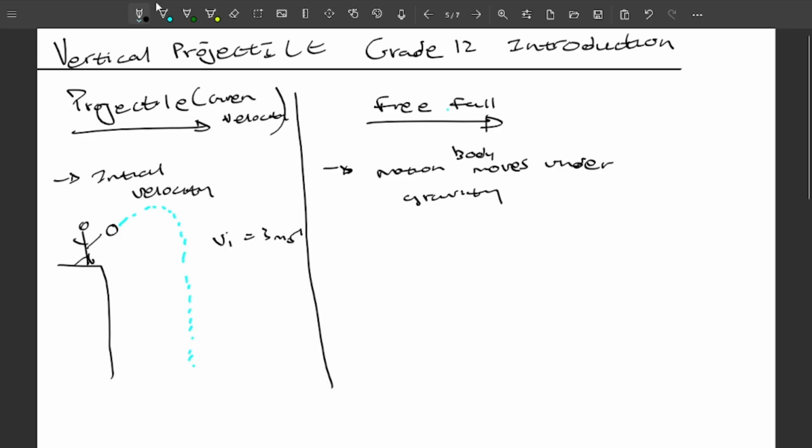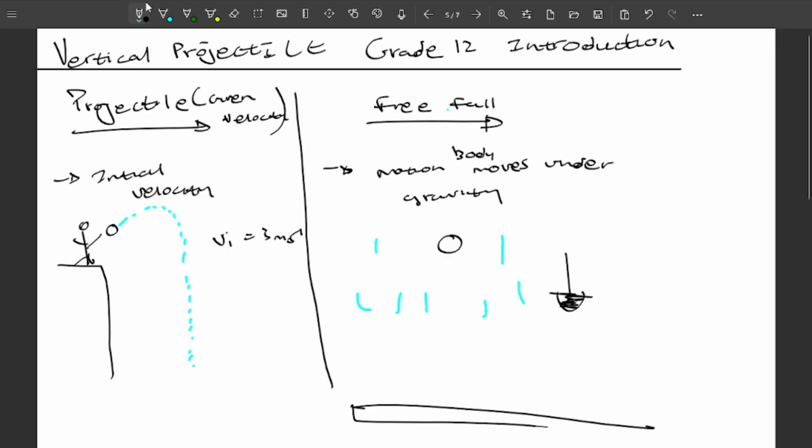Now in free fall, we have a ball that is falling down to the ground. Now, while it is falling down, it is experiencing a force. A force of what? A force of gravity, which is g.